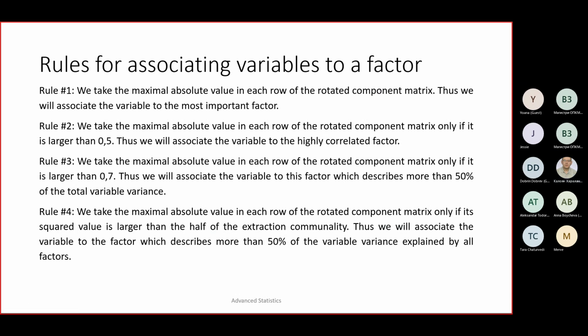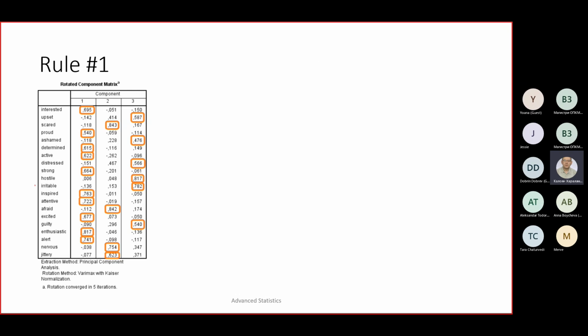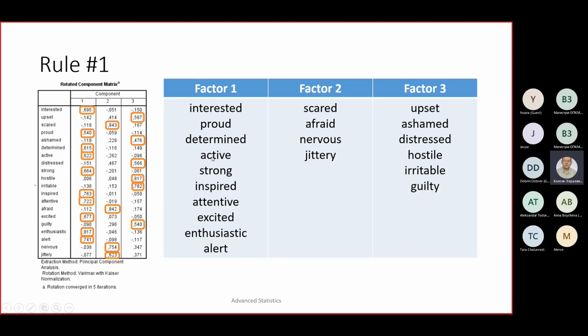So after performing the rule number 1, the correspondence between items and factors is this. And here I put these items in different columns: factor 1, factor 2, factor 3, and all items which are associated with factor 1 are here in the first column.